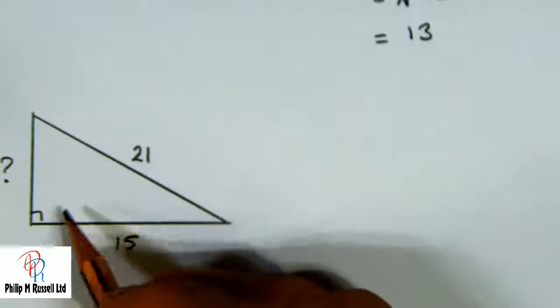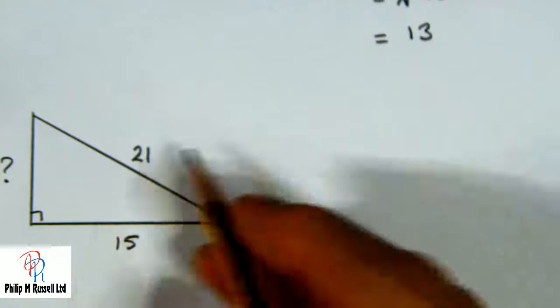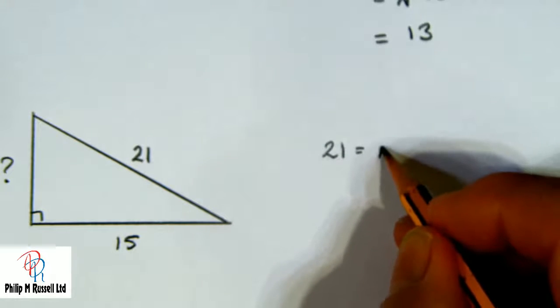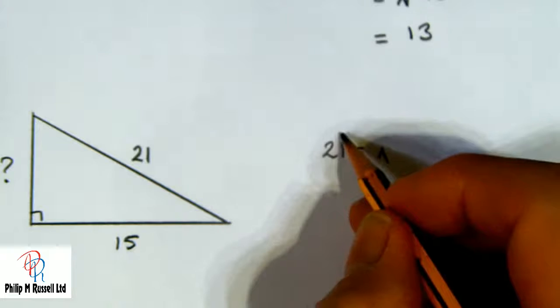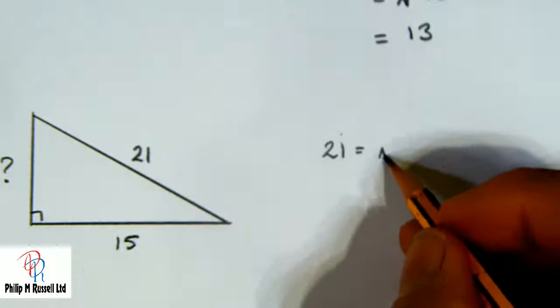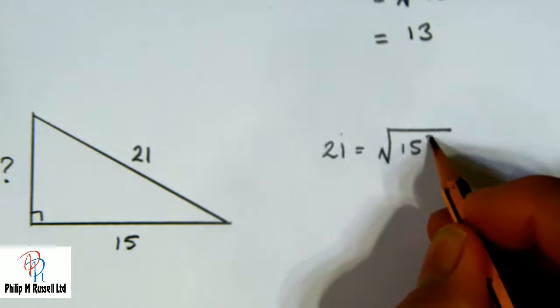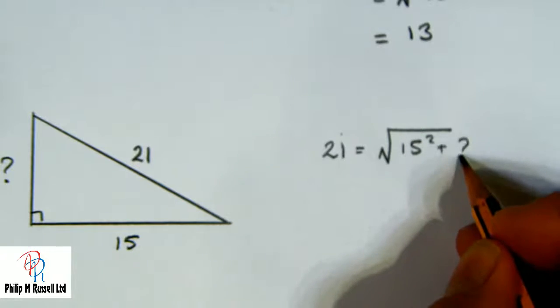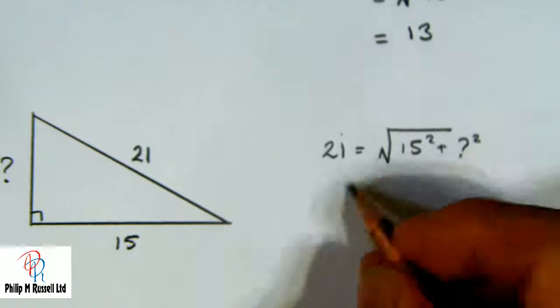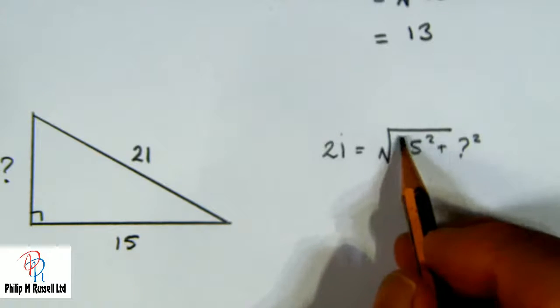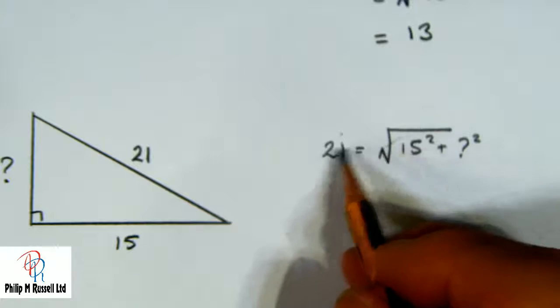We know that here 21 is going to equal 15 squared plus whatever that is squared. Let's get rid of the square root by squaring both.